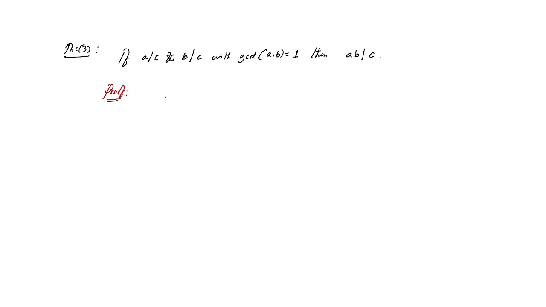What is given? The given information is that A divides C and B divides C, and the second information is GCD of A, B equals 1. We have to prove that AB divides C.